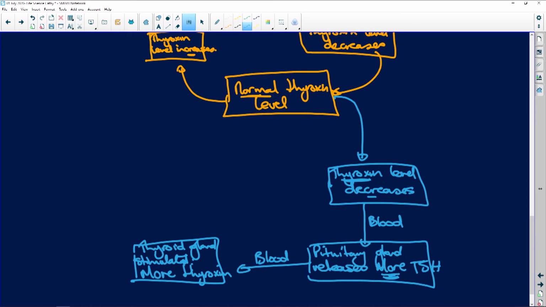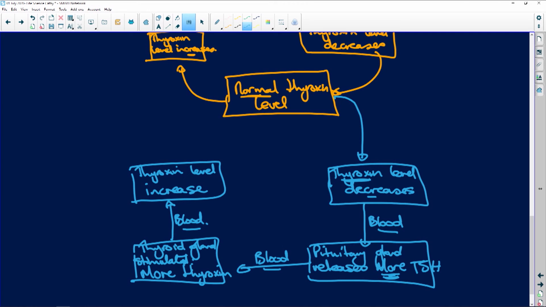Okay, so we now have an increase of thyroxine in the blood, and I'm writing blood every time so you remember it's traveling in the blood, it's a hormone. Okay, and look at this, the thyroxine level increases. Why? There's more of the stuff, and it increases, and zhoops, we're back to normal again.